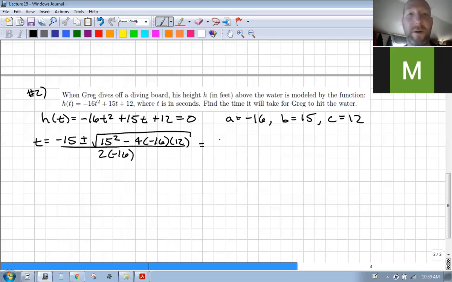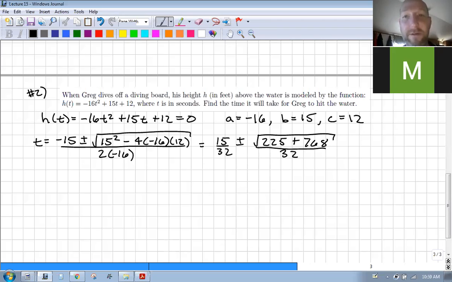So let's see, we have a positive 15 over 32 seconds plus or minus the square root. Oh boy, what's 15 times 15? 225 plus 4 times 16 times 12, 768, all over 32. It's negative 32, right? But that doesn't matter.